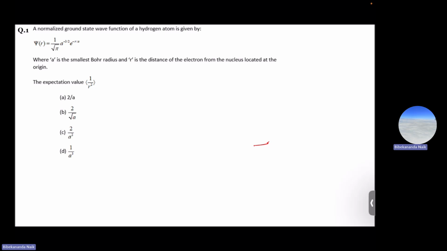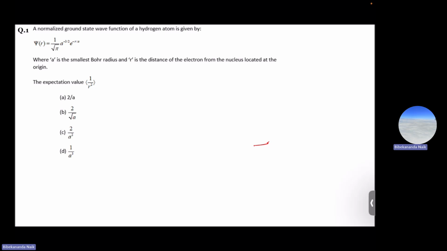Now we need to find the expectation value of 1 by r square. The options are option A 2 by a, option B 2 by root a, option C 2 by a square, or option D 1 by a cube. So these are the four options.